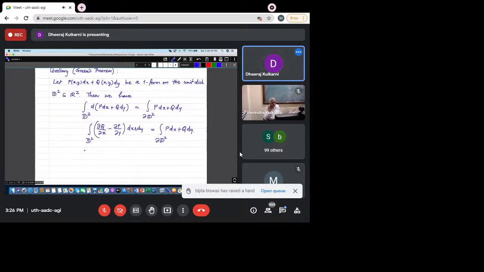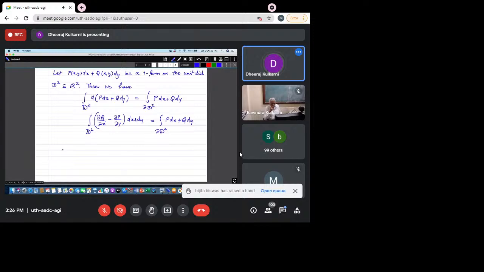There is one more interesting corollary, from the following viewpoint. Corollary: the one form d theta on S1.